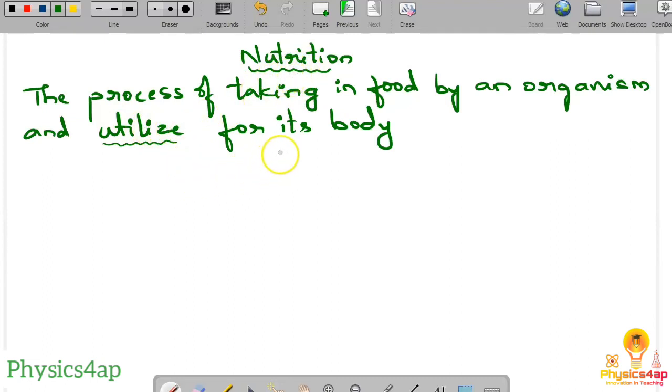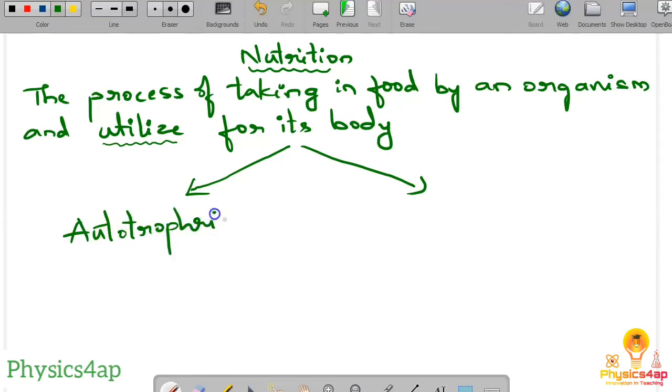Now this nutrition is divided into two types. One is autotrophic nutrition, and another one is heterotrophic nutrition.